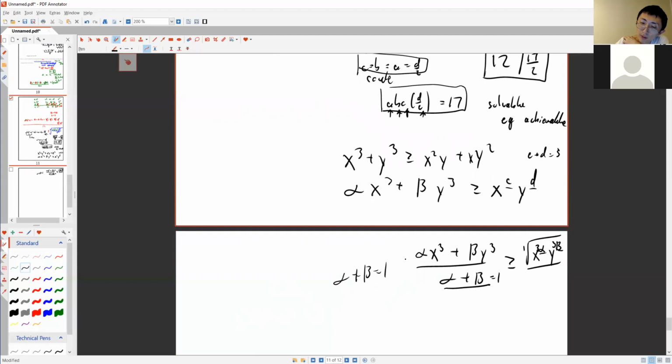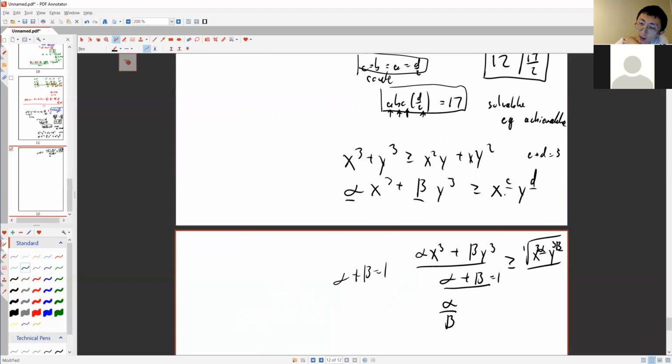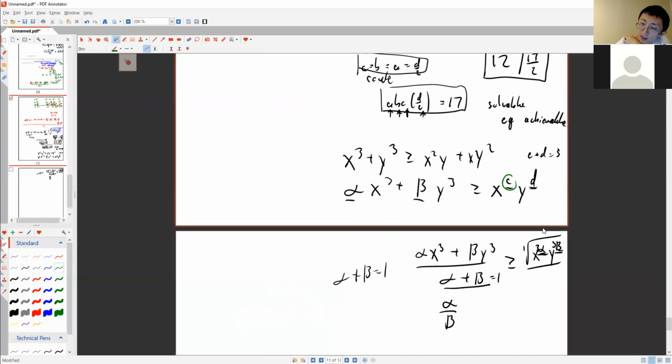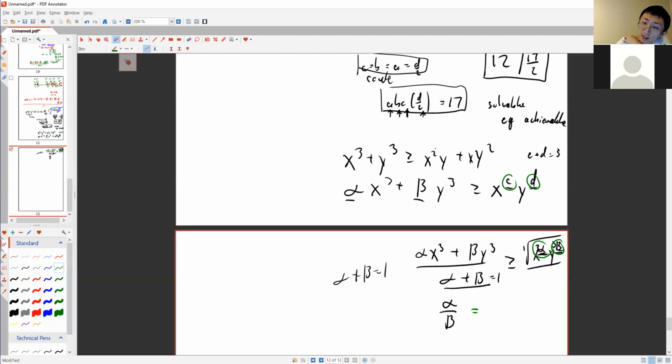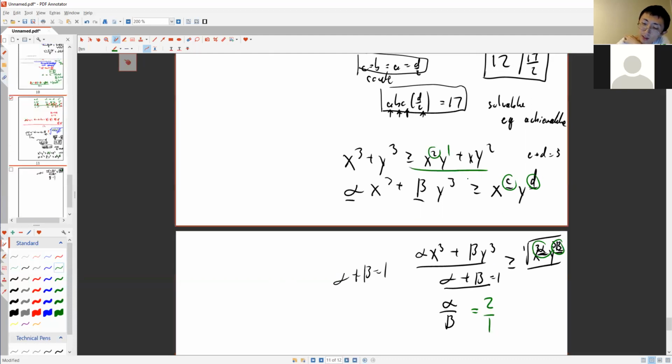Here we have the coefficients of x cubed and y cubed, alpha to beta, in the same ratio as c to d, because c has this role and 3 beta has the role of d. So in this case, it'd be 2 to 1, right? 2 to 1 in this case.